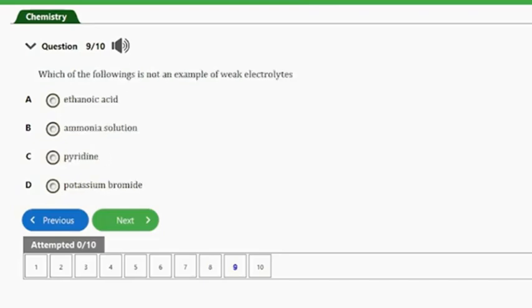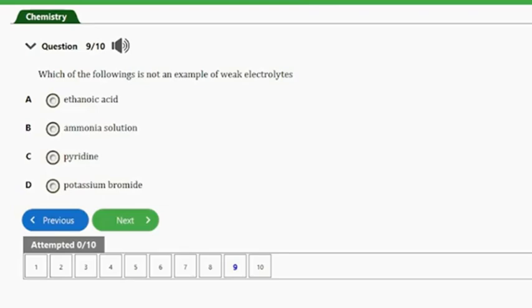Question number 9. The question here says, which of the following is not an example of weak electrolytes? A, ethanoic acid, B, ammonia solution, C, pyridine, and D, potassium bromide. So guys, the answer to this question is option D here. That's potassium bromide. Actually, weak electrolytes are substances that partially ionize in solution, meaning they produce relatively few ions.